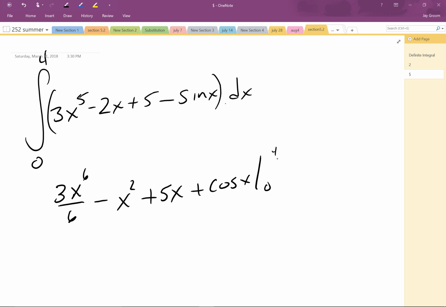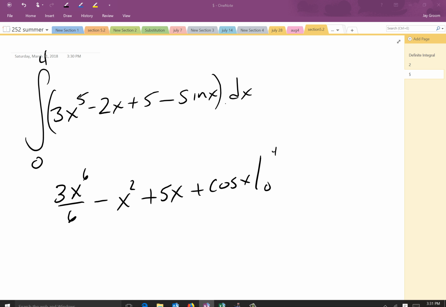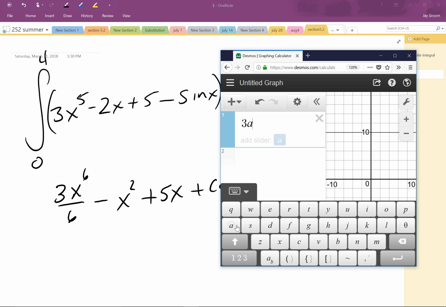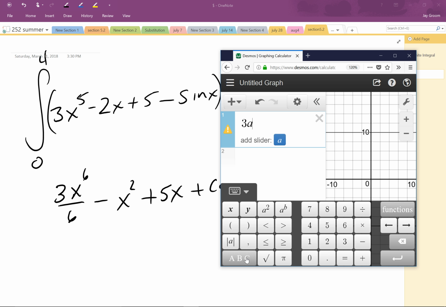Now, here's the deal. You can plug all that into your calculator, but that just seems silly to me. So what I like to do is use the computer here, and I like to put it in like this. Oops, not a squared, you idiot. Try again. To the 6th. Divide by 6. There you go.